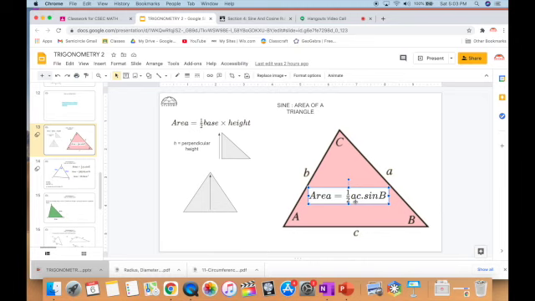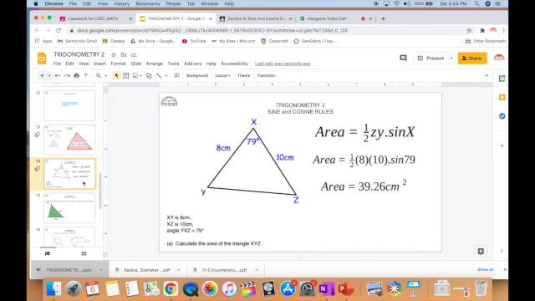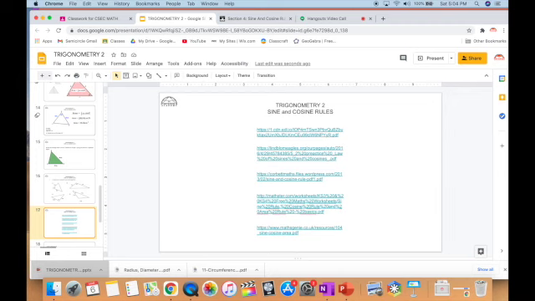But sometimes you don't have the perpendicular height, especially when it's not a right angle triangle. So when you don't have the perpendicular height, there is a sine rule for the area of a triangle. And this is it right here. So we are going to be looking at that. That is the only formula we have to do next class. And then it has a couple of questions on it.